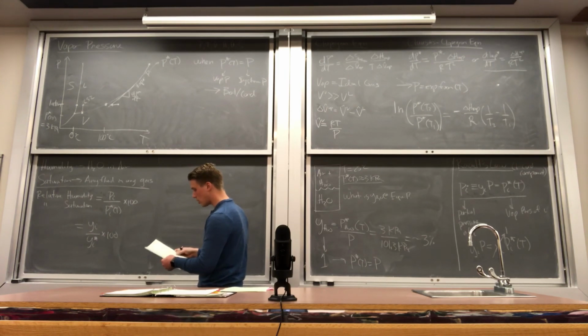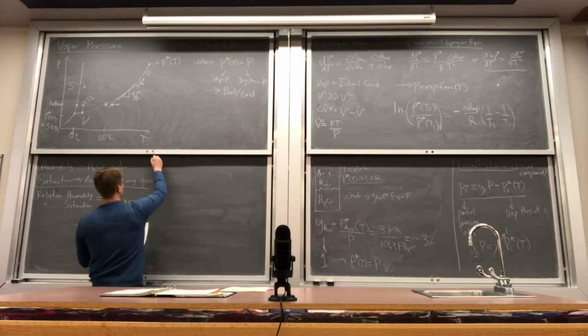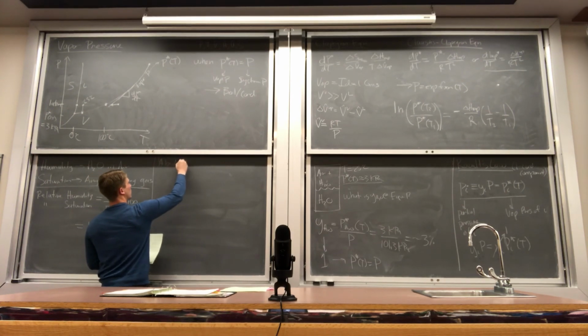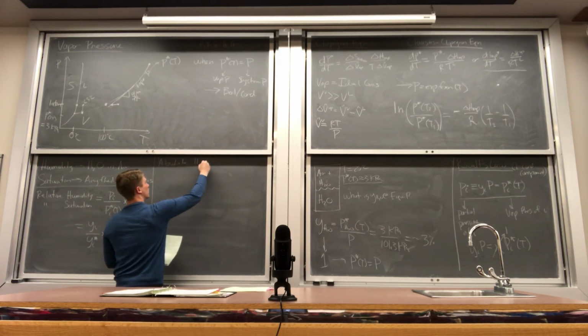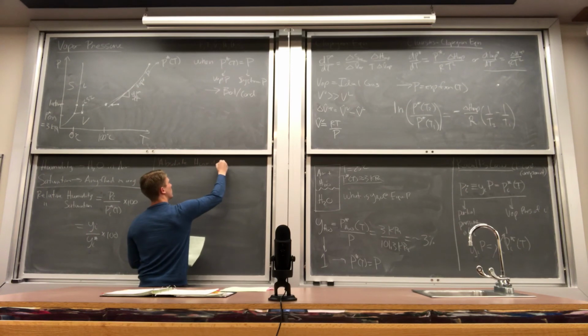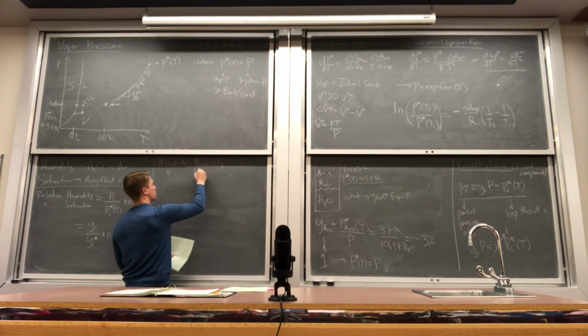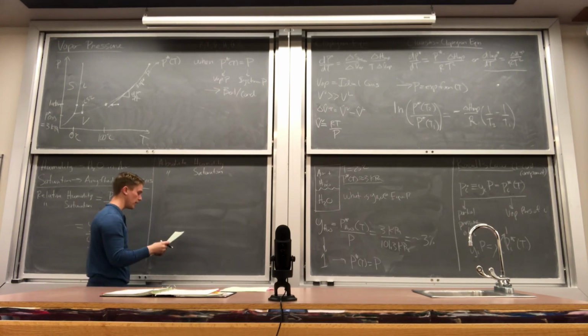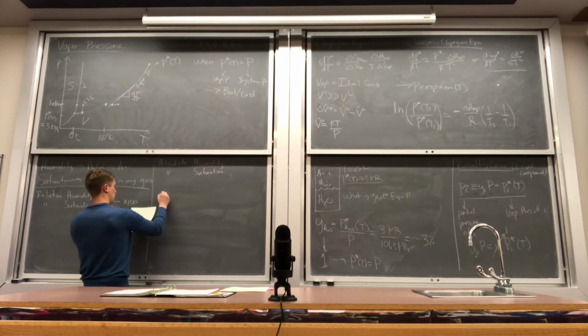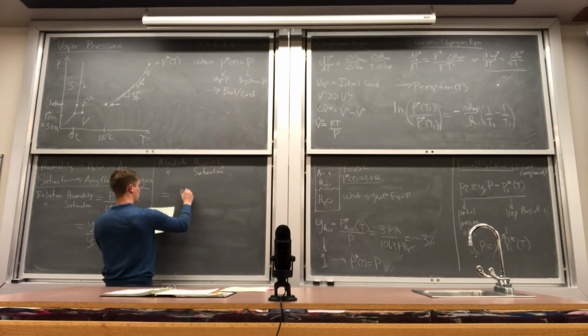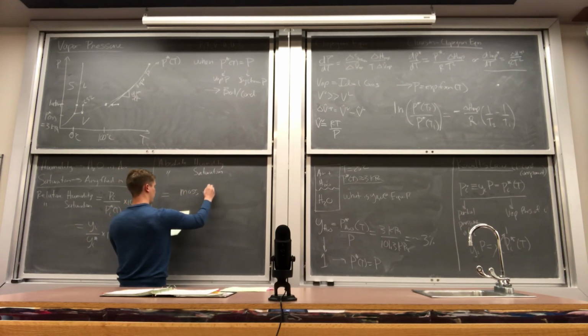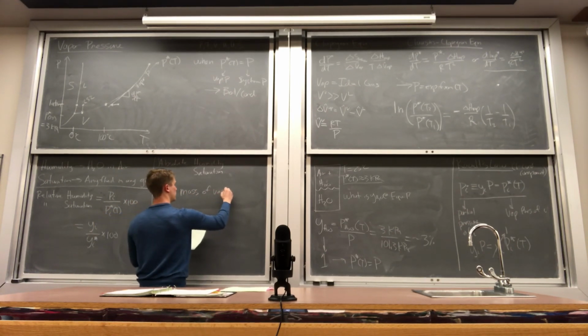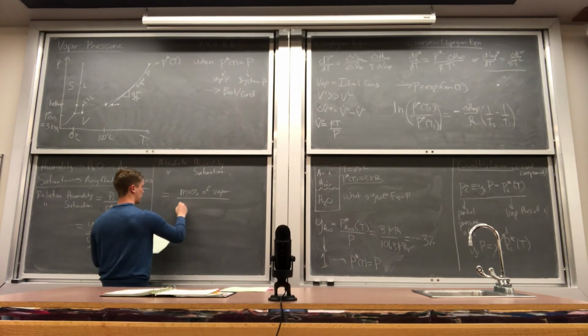The next unit that you're going to be seeing quite a bit is absolute humidity. And again, we could also say absolute saturation if you're not specifically referring to water in air. This one is the mass of vapor per mass of dry air.